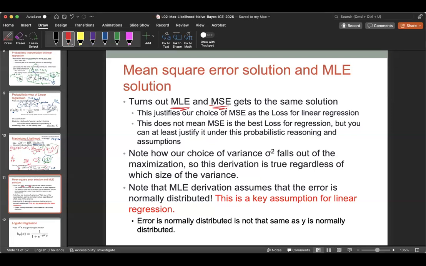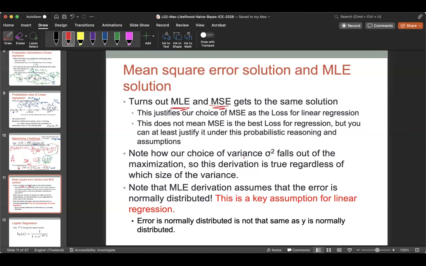So here we found that MSE has a nice interpretation: using MSE is pretty much the same as assuming the error of the model is Gaussian. This is a justification of what it means to use MSE, if you want to interpret it in probabilistic terms.